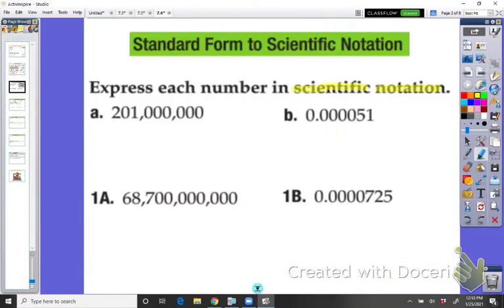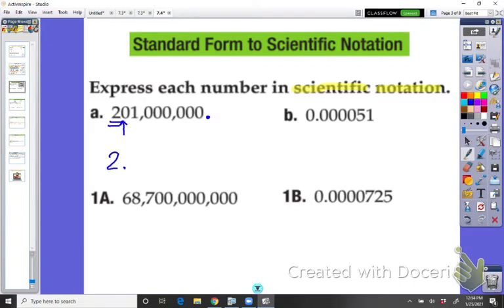First, let's review how to go from a standard form number, so something written as a normal number with a bunch of zeros, to the scientific notation form, so some decimal times a power of 10. And it's all about the decimal point. So in this first example, the decimal point is at the very end. Our goal is to get it between the 2 and the 0.